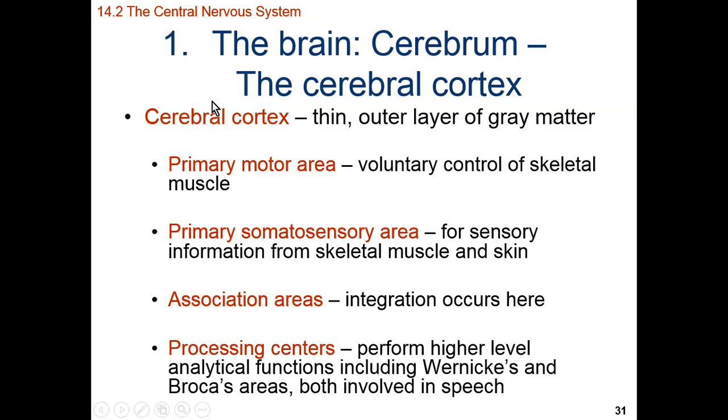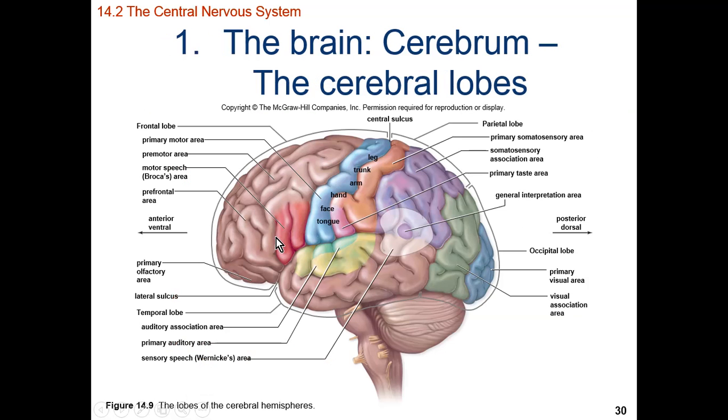Well, if we look at that cerebral cortex, or that gray matter that makes the outside of the cerebrum, the primary motor area of the frontal lobe is going to give us voluntary control of our skeletal muscles. And that primary somatosensory area is going to be associated with general senses of our skeletal muscles and skin. Association areas are going to have some pre-processing that occurs before they get to the primary processing area.